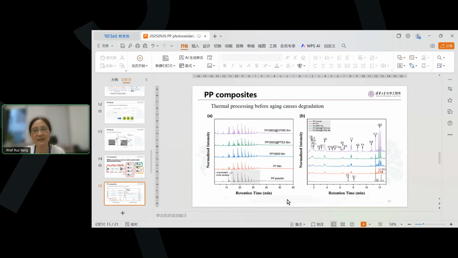That means that during the thermal processing procedure, there are high temperature and strong shear. And this condition will give rise to some extent of thermal degradation. So we have the volatile degradation products. This kind of volatile degradation products are mainly the fragments of PP itself.